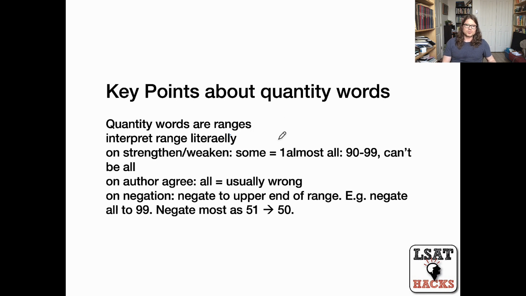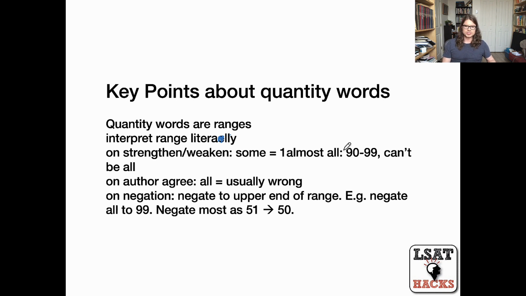Okay, so the key points about quantity words. They're ranges. In real life, we think of a very specific number. In practice and on the LSAT, anything within the range is possible. Interpret ranges literally. So some is the big one here that you want to interpret as like 1 in a lot of cases.